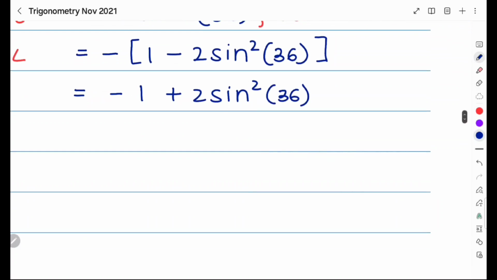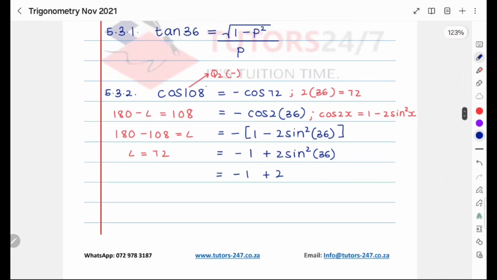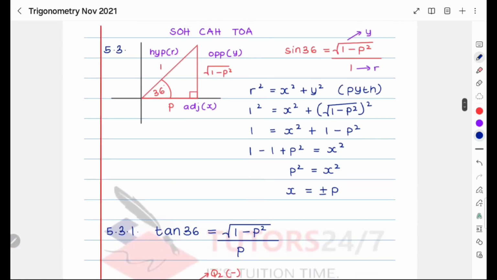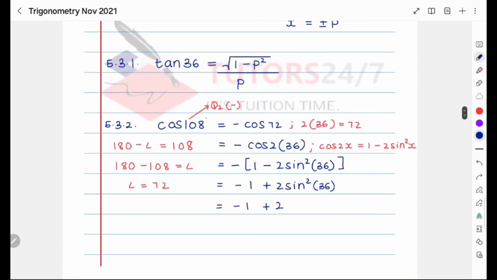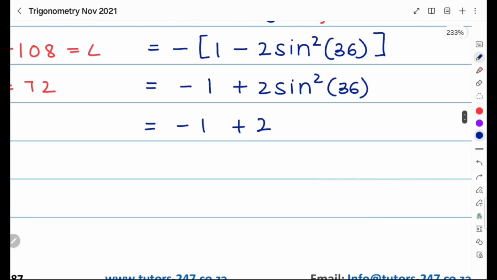From here, what is sine of 36? We know that sine of 36 is the square root of 1 minus p squared. It was the original ratio given to us. So in place of sine of 36, we are going to substitute the square root of 1 minus p squared.